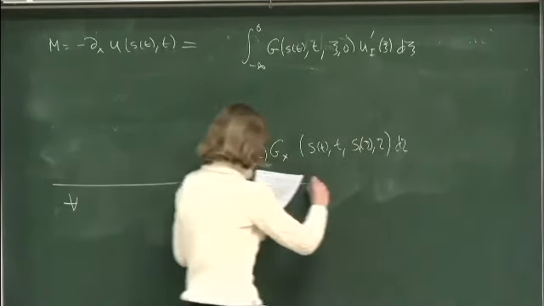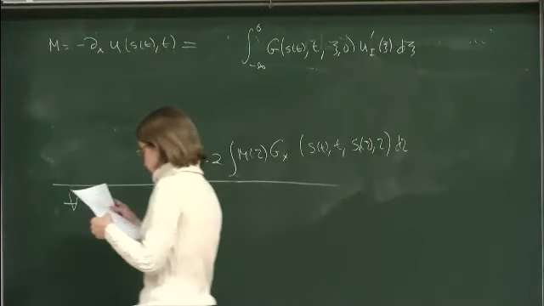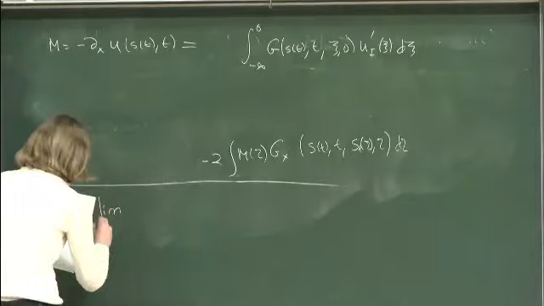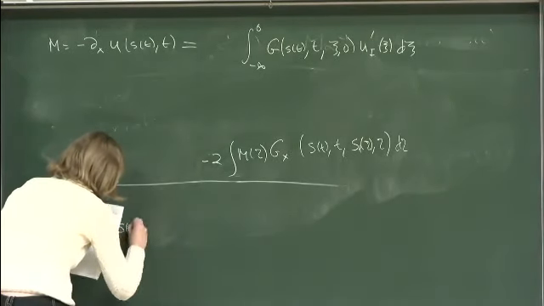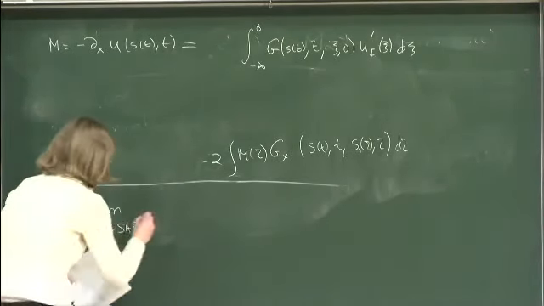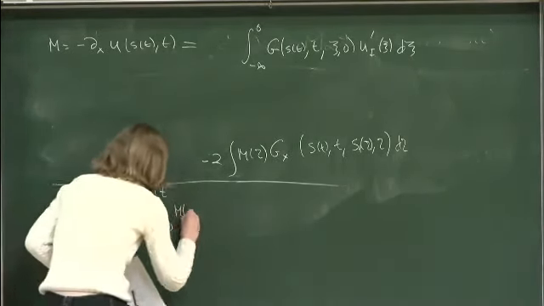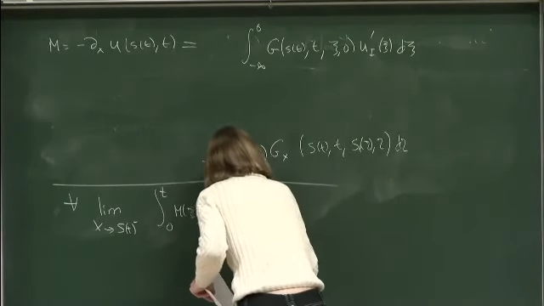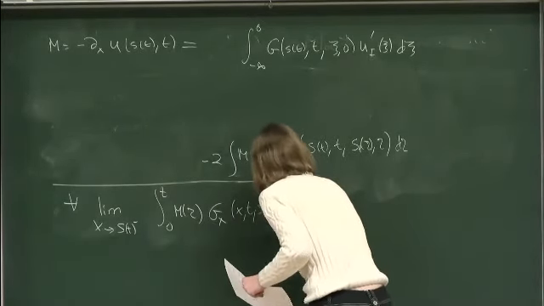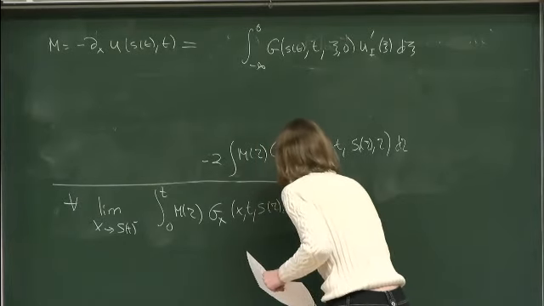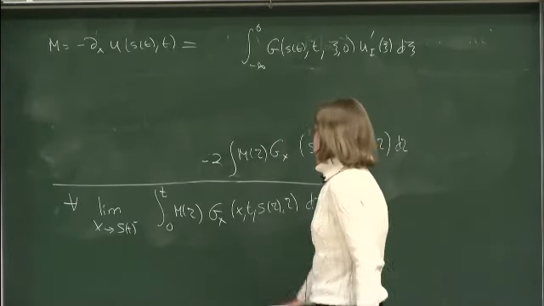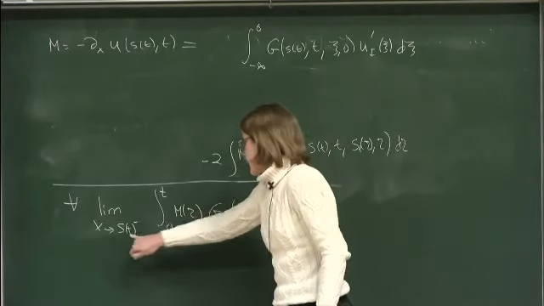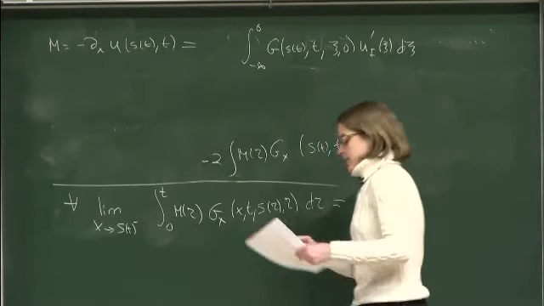I'll just write on the side the way to take this limit: the integral from 0 to t of m of tau dx of x_t s of tau d tau. You can throw the derivative in here. Now you evaluate at s of t, and you have to be careful.